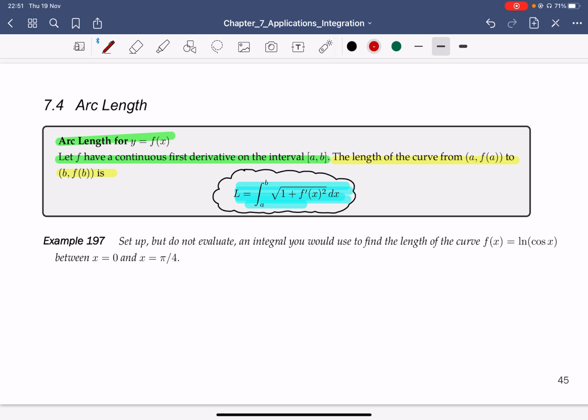If you want to compute L, you integrate from a to b. Your a here is 0, your b here is pi over 4. Then the integrand is going to be the square root of 1 plus f prime of x squared, dx. That means you need to find f prime of x first.